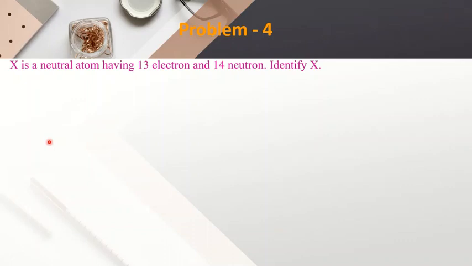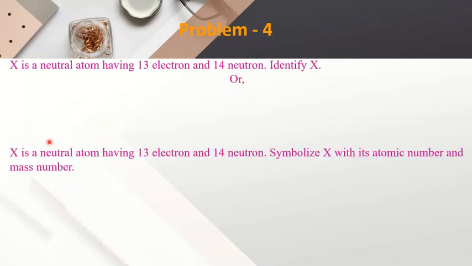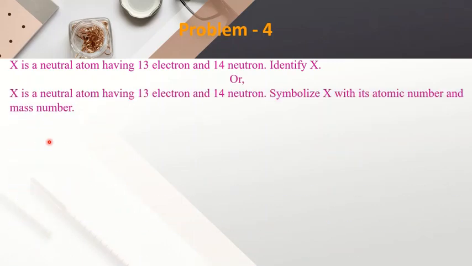You have to identify X. The question can be like this: X is a neutral atom having 13 electron and 14 neutron. Symbolize X with its atomic number and mass number. You have to identify X and symbolize X by using its atomic number and mass number.